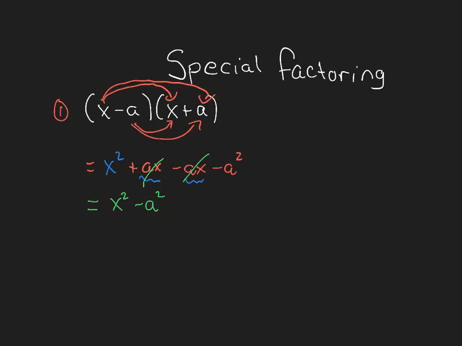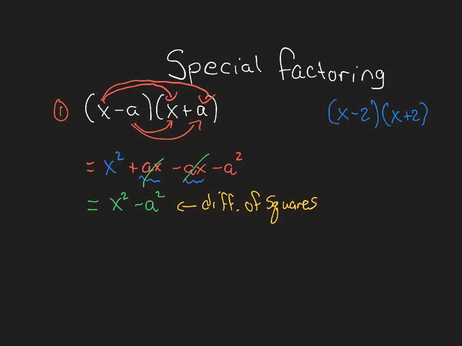This is what we call a difference of squares. So I'm going to show you on the side here what it looks like in a number example. So for example, let's say I gave you x minus 2 and x plus 2.